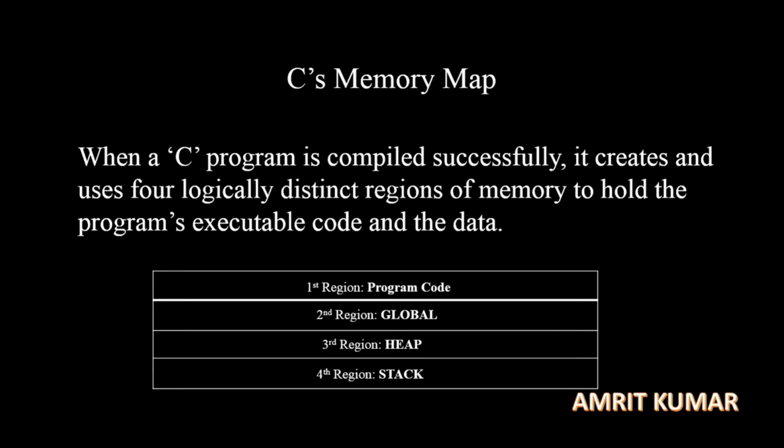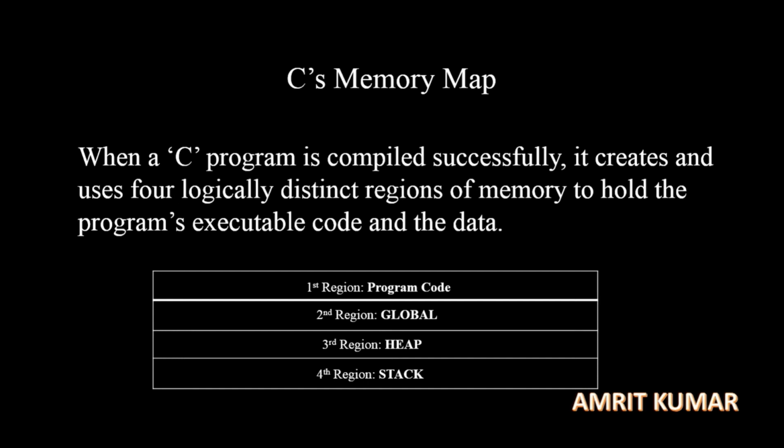This is a very interesting fact about C language: whatever you create, a variable, how you use your function, how you use your structure, is going to be allocated in memory, and it has 4 logically distinct regions of memory to hold the program executable code and the data you have written in it.